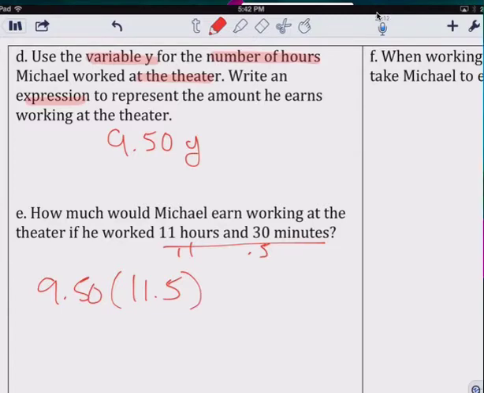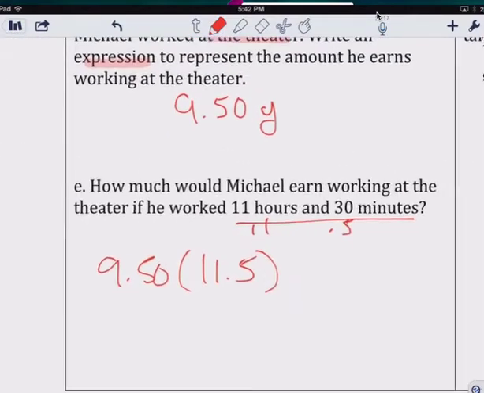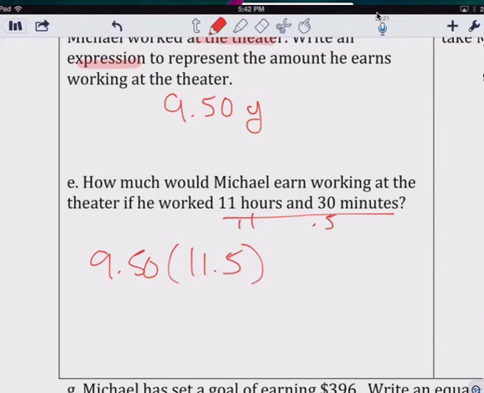When you type on a calculator, you need to know if it comes out wrong. Okay, so this equals $109.25.